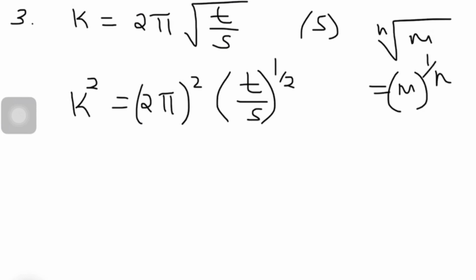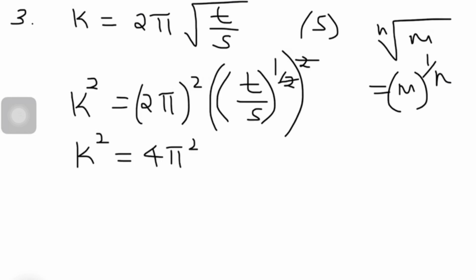So the square root of t over s is the same as t over s and then power half. And since we are squaring both sides, we multiply by a 2 there, so that these 2 and these 2 cancel out. So we have k squared is equal to 4 pi squared, right? You can see where it's coming from. Yes, okay. Then t all over s.